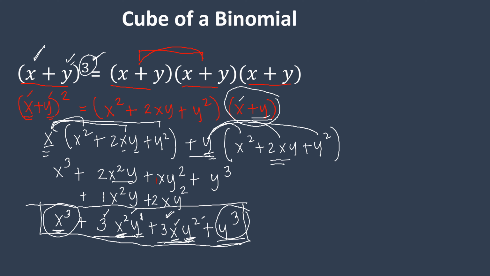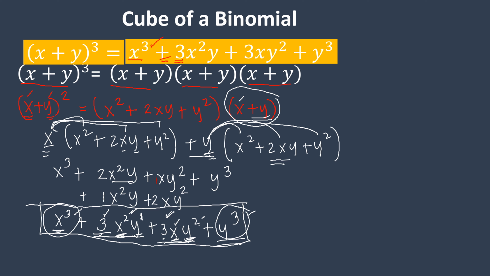So simply, we have (x + y)^3 is just the cube of the first term, plus thrice the square of the first term times the second term, then plus thrice the first term, which is x, and the second term, which is being squared. And the last term in the product is simply the cube of the last term.